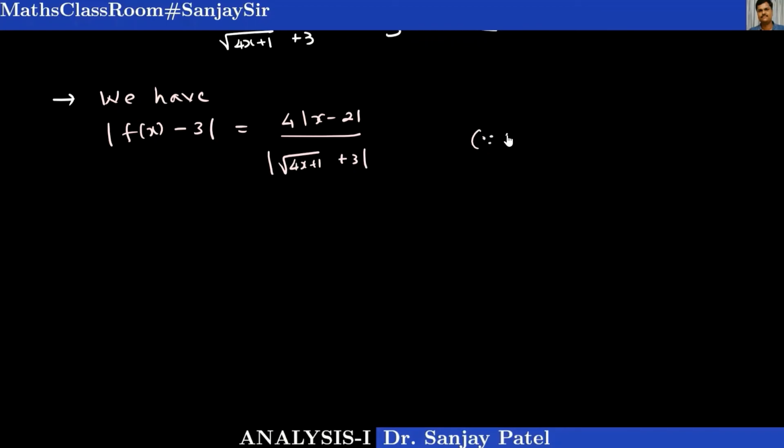So I am writing because of 1. This is less than 4 upon 5 times mod of x minus 2 if I take delta equal to 5 by 4, and also we have used the fact that mod of x minus 2 is less than delta.